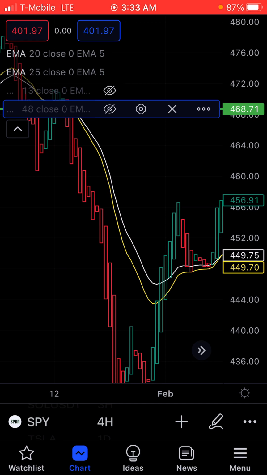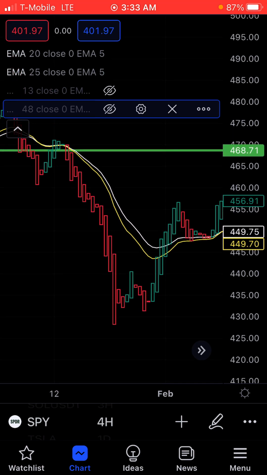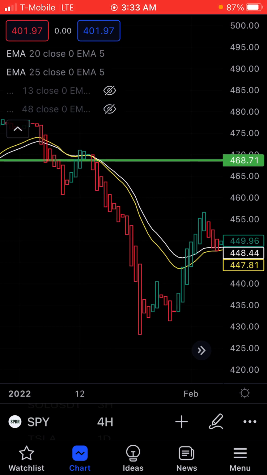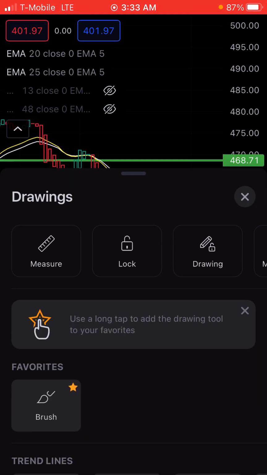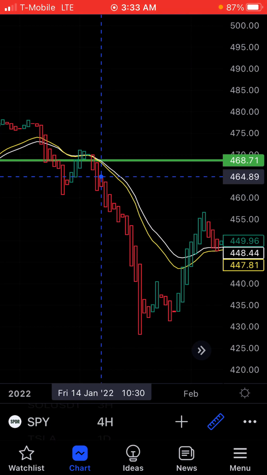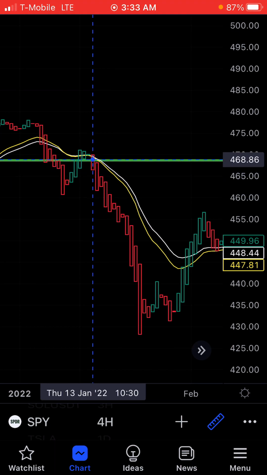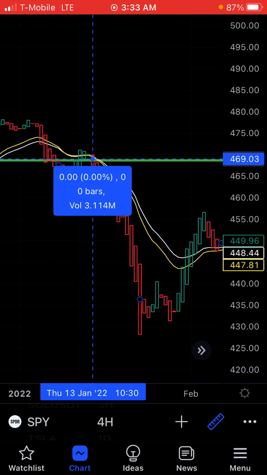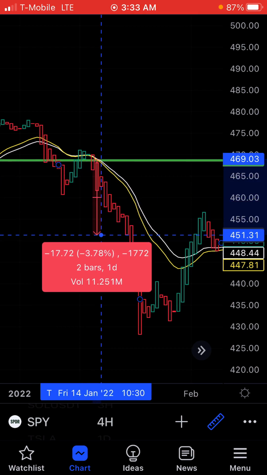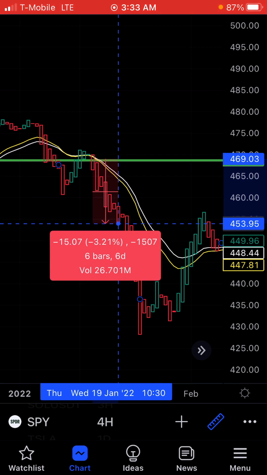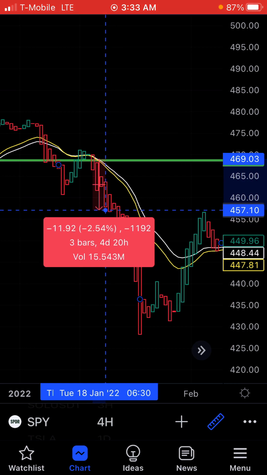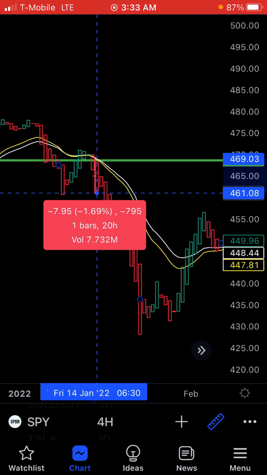In this scenario, when you're doing it for longer time frames, you don't have to look at all this trend. You can get out quicker because you just need a couple candles. So from here to, I do 3 days, that's 6 days, 4 days, 20 hours.